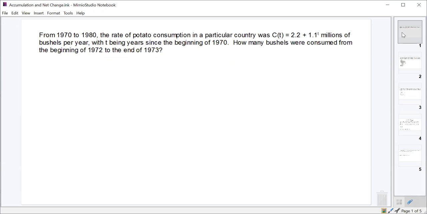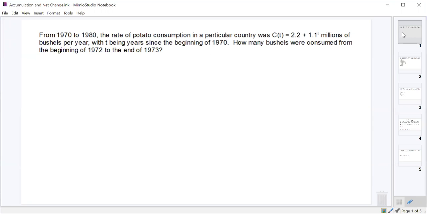We've got, from 1970 to 1980, the rate of potato consumption in some country is given by this function, 2.2 plus 1.1 to the t power, millions of bushels per year. And t is years since the beginning of 1970. And we want to know how many bushels were consumed from the beginning of 1972 to the end of 1973.